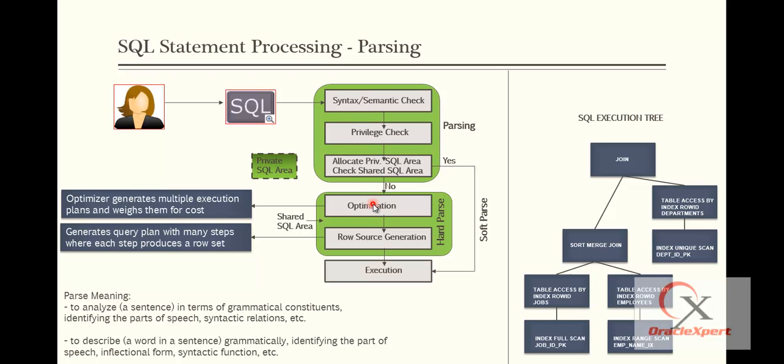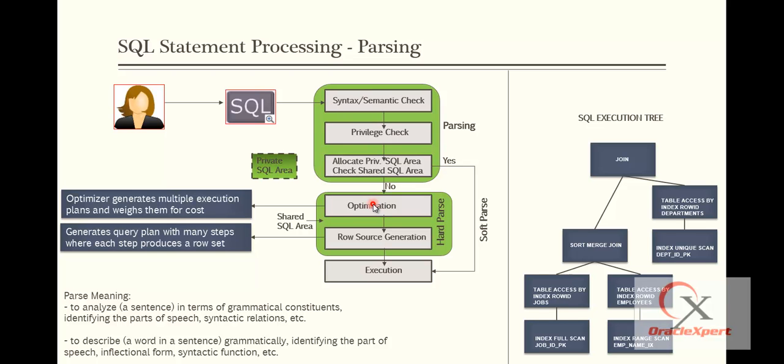In general, a soft parse is obviously preferred over a hard parse because the database skips the optimization and the row source generation related steps, and your SQL statement's response time would certainly improve because the two costlier phases in your parsing are bypassed and you directly jump from here to here, directly to the execution part.